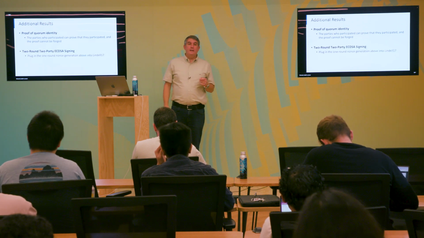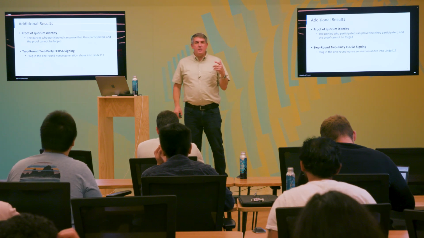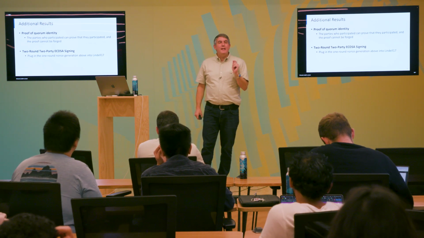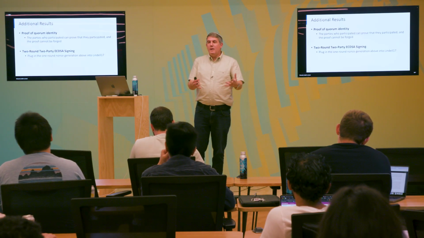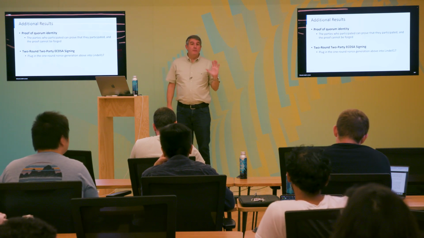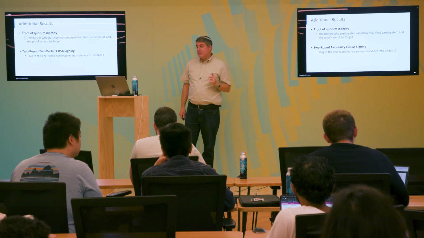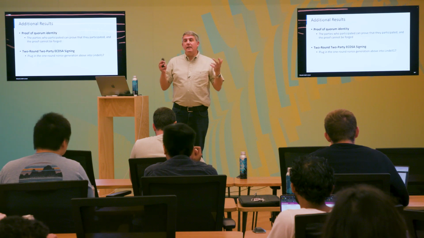We can also do 2-round ECDSA signing, which is simulatable, and that's even more significant than Schnorr, because 2-round ECDSA, even game-based, we don't have under standard assumptions, because you would need to reduce to the problem that ECDSA uses, but we have no proof of security for ECDSA. So ECDSA 2-round we don't even have for game-based definitions under standard assumptions. But here it's exactly the same thing. You can take Lindell 17 and plug in the same idea for generating the nonce and you get a 2-round protocol as well.